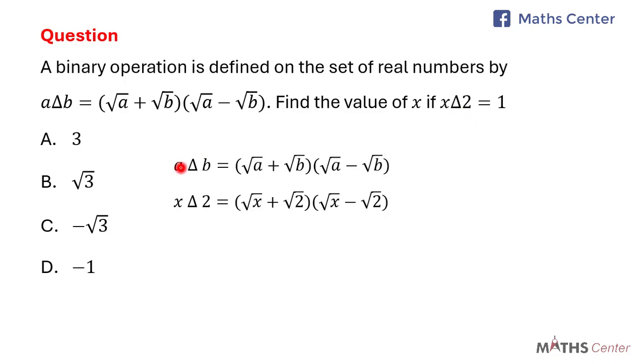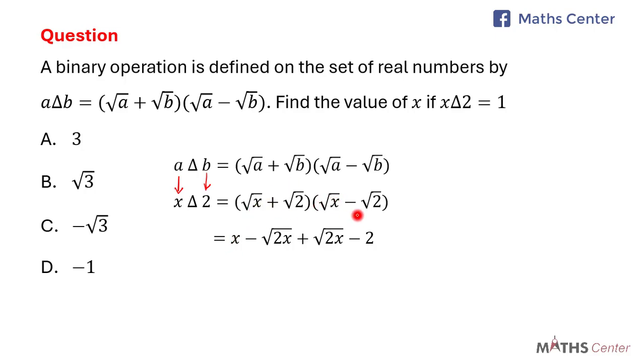When we compare A delta B to x delta 2, we can see that A is x and B is 2. So x delta 2 will be equal to square root of x plus square root of 2 times square root of x minus square root of 2. Let's open the bracket here. We are going to have square root of x times square root of x gives us x.